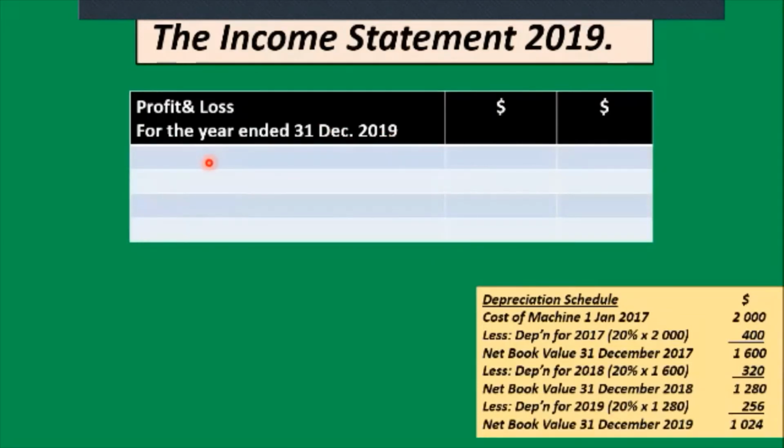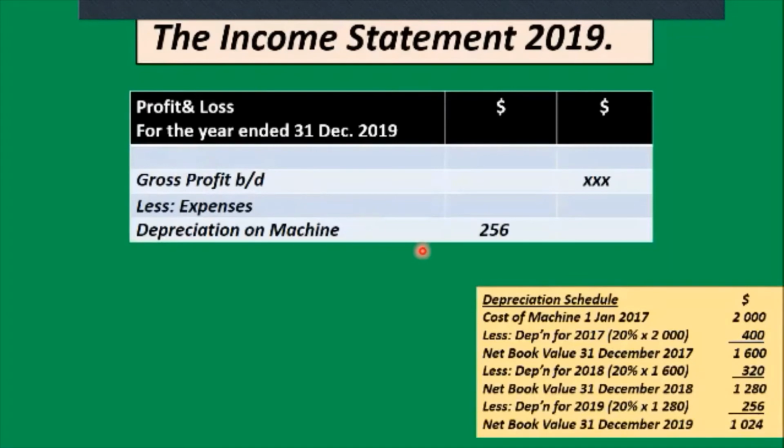Notice again, each year you have a different profit and loss and income statement, right? Bring down our gross profit, less expenses. Depreciation would be one of our expenses, 256. Okay, and that takes care of our recording for the 3 years that we wanted to look at.